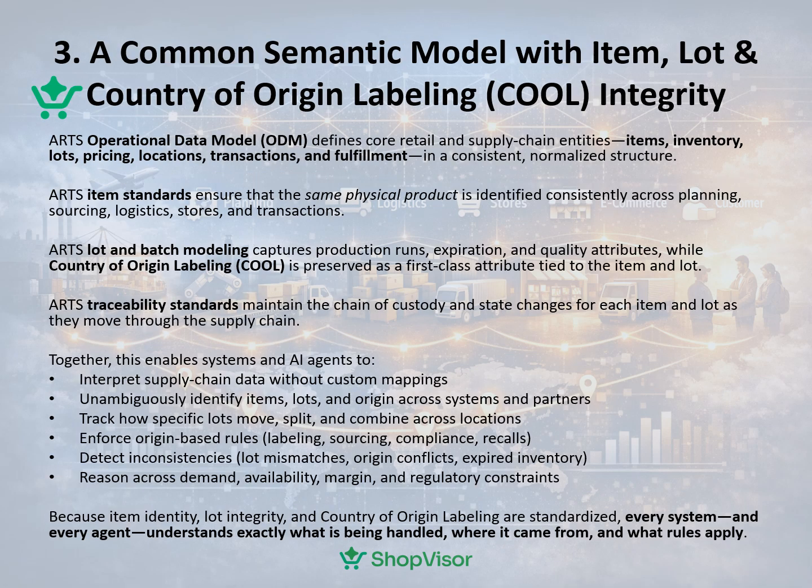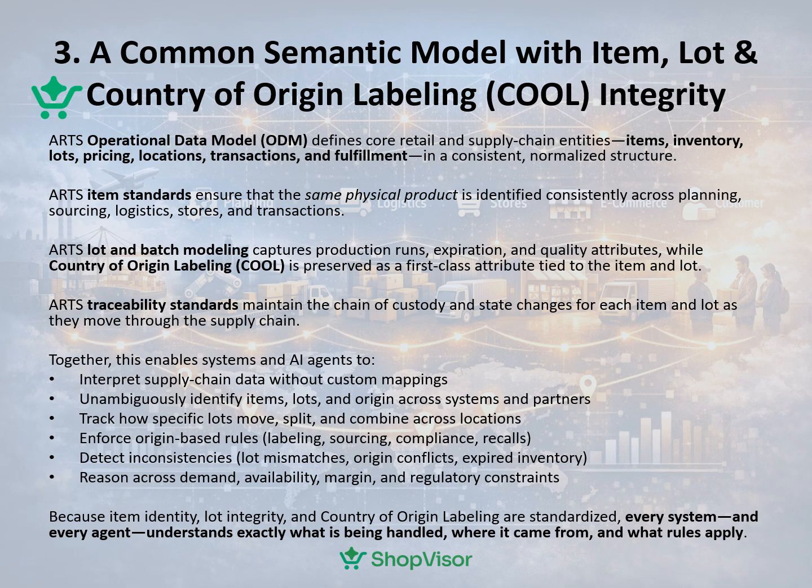Number 3, it provides a common semantic model with item, lot, and country of origin labeling integrity. The ARTS data model defines core retail and supply chain entities: item, inventory, lots, pricing, locations, transactions, and fulfillment, and again, a consistent normalized structure.